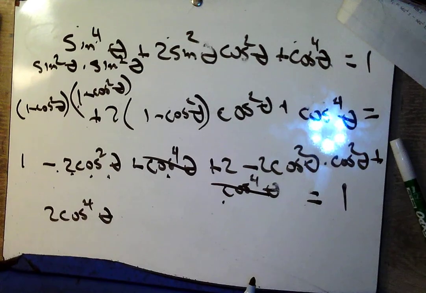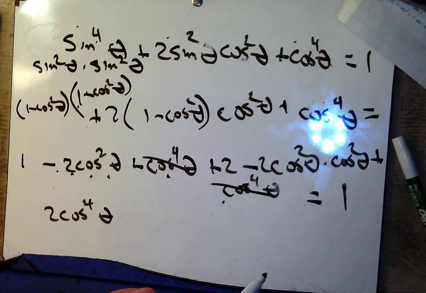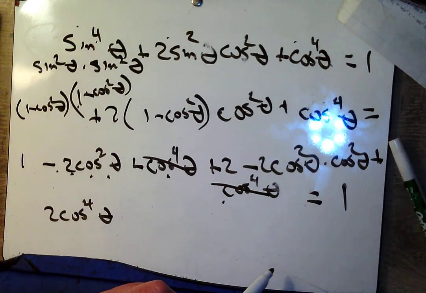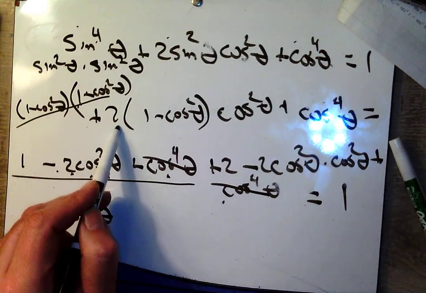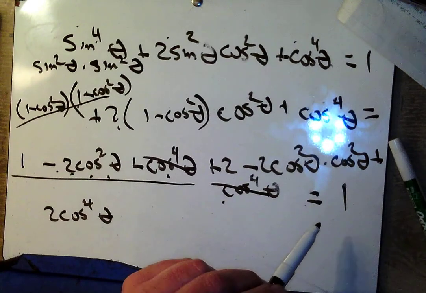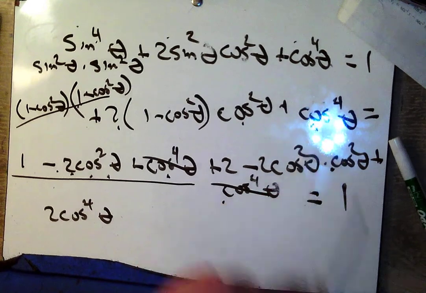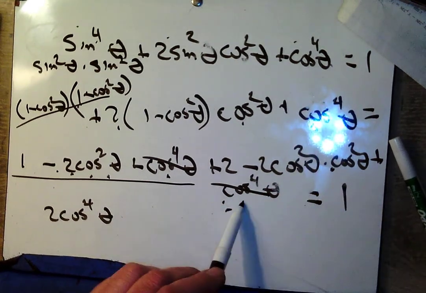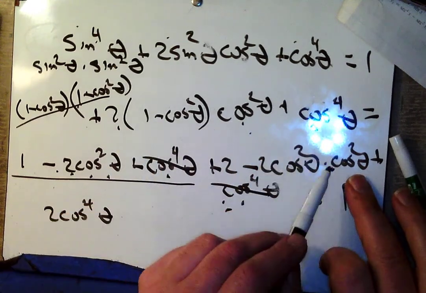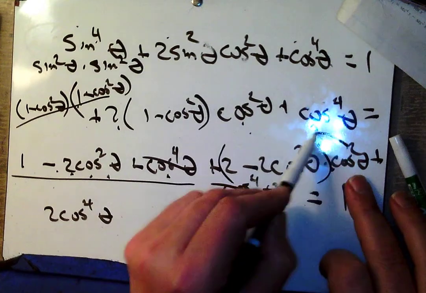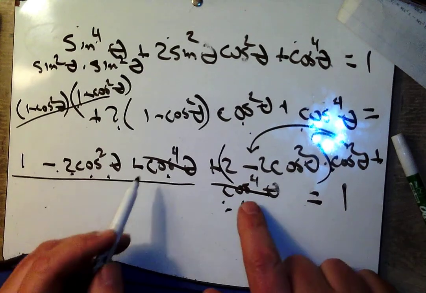You can't do that. This is that plus 2 when I distribute it, and then I got that. That's cosine to the 4th. Okay. I haven't done distributing yet. That's the issue. This has to be distributed here. So, okay. 1.